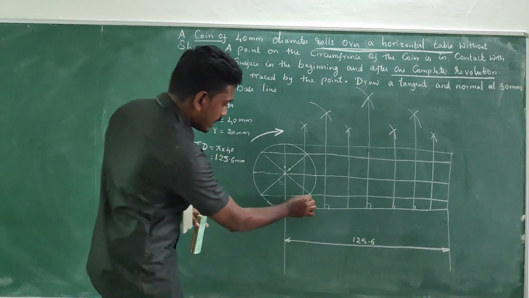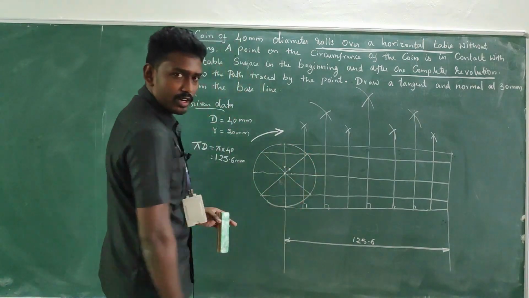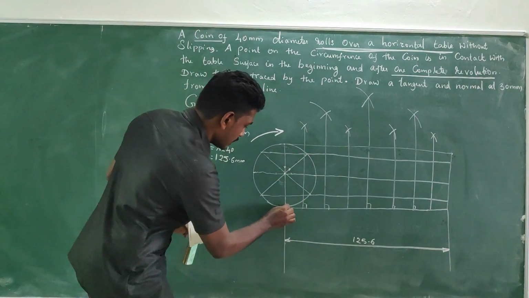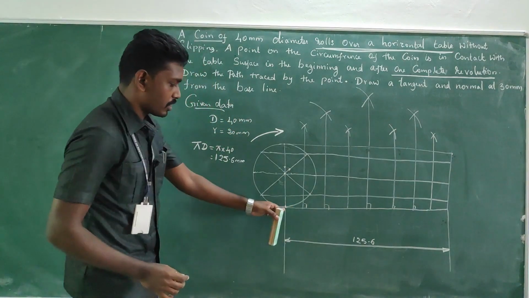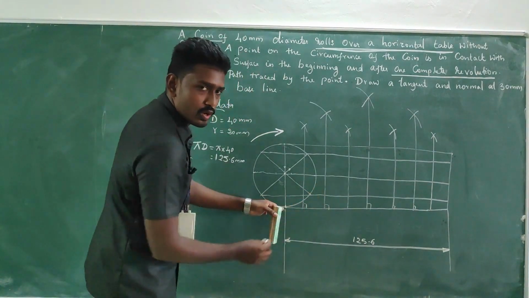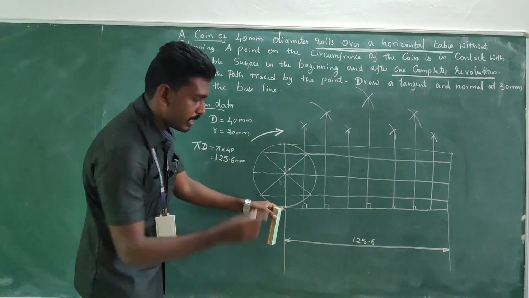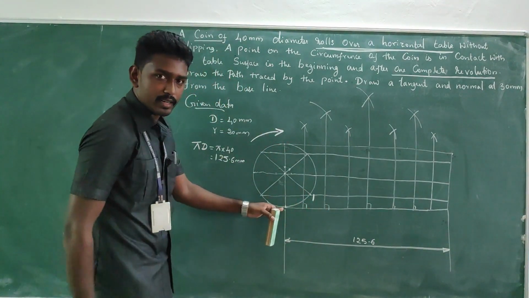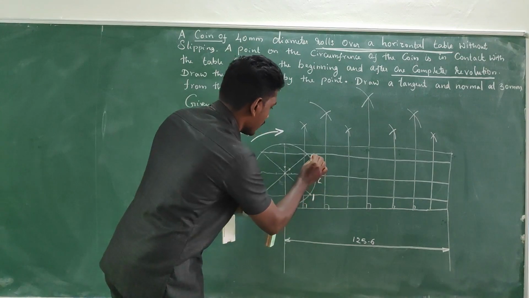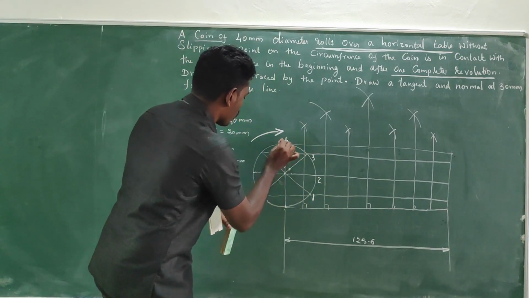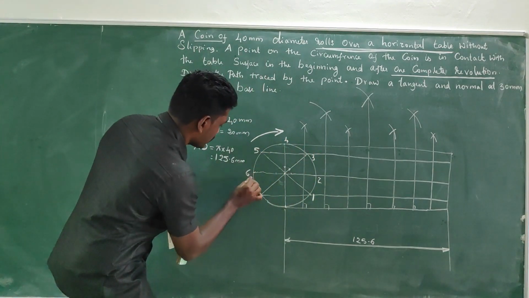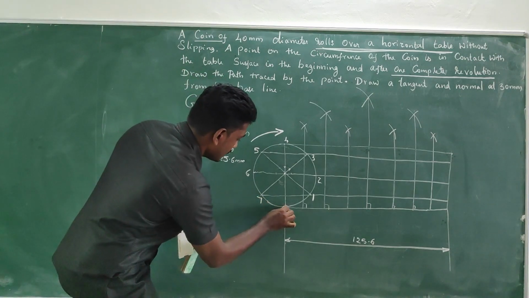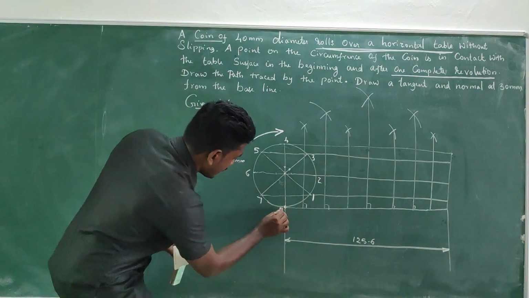So here is the circumferential point, right? Here is the contact point. From the next circumferential point, I'm going to give the numbers. I'm going to take this as 1, this as 2, this as 3, this is 4, this is 5, 6, and this is 7, and this contact point as the 8th one.